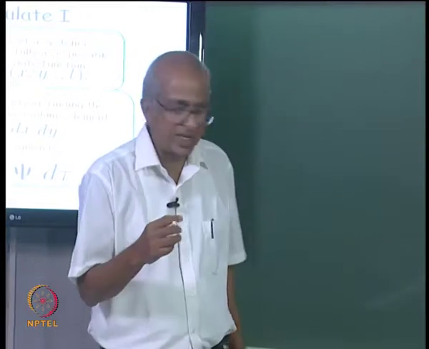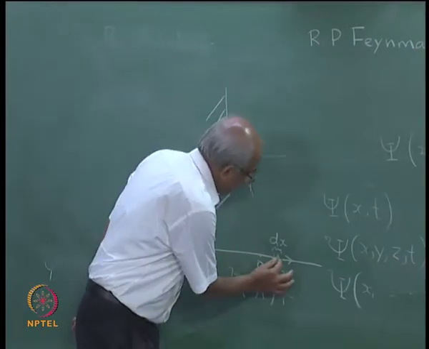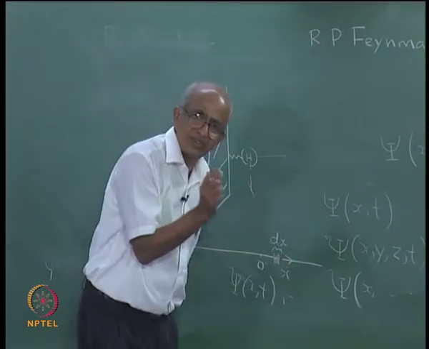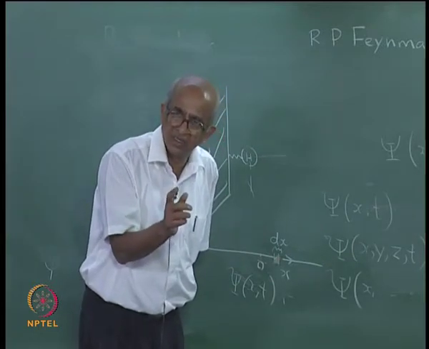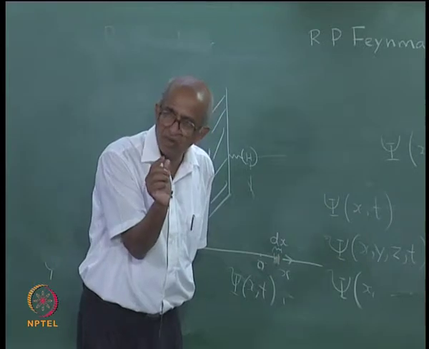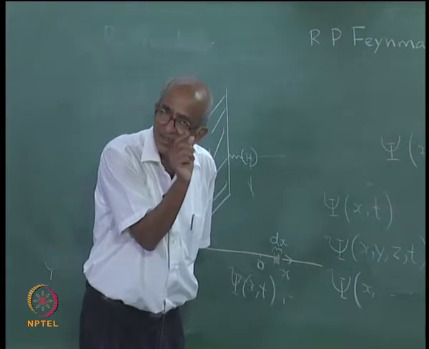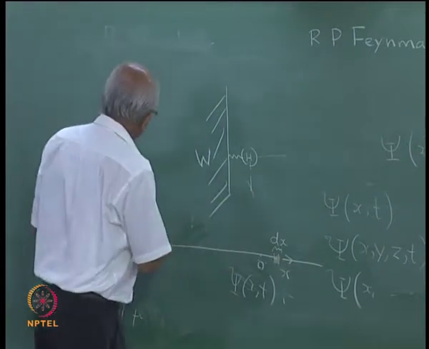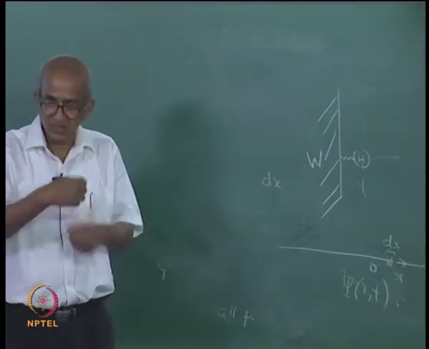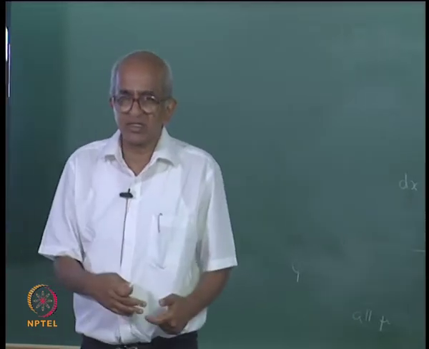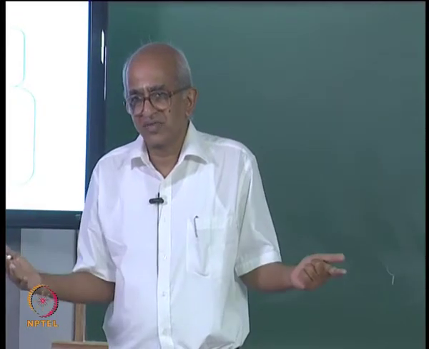How will you calculate it? The answer is very simple. If you think of the probability physically, if the width of this interval is large, then you would expect that the probability also will be large. If the width is small, the probability will be small. So, the probability definitely has to be proportional to that distance. So, if this interval is small, definitely I will have dx in my probability, because it has to be proportional, and our earlier discussions imply that it has to be proportional to the square of psi.